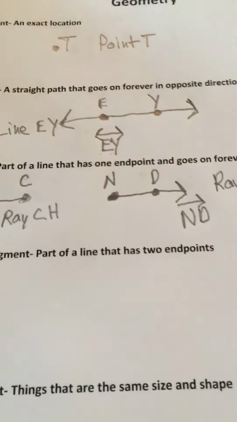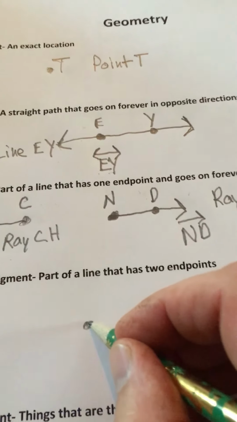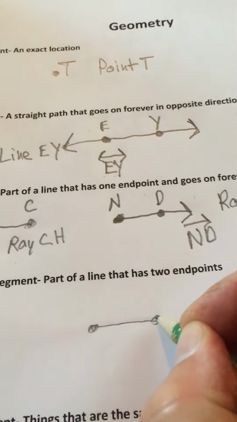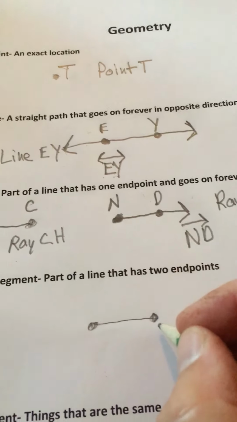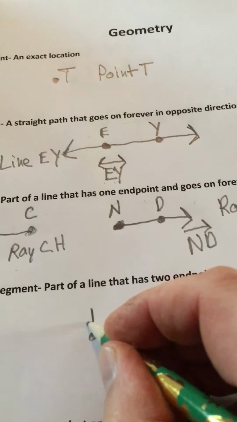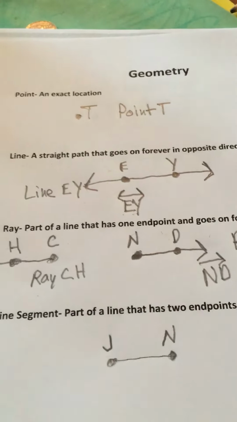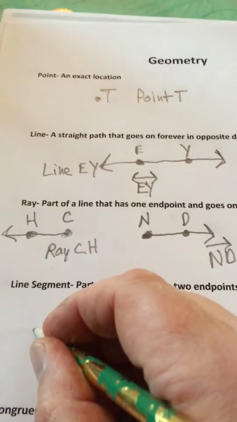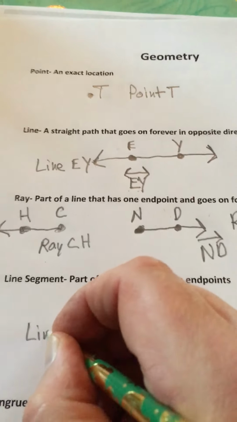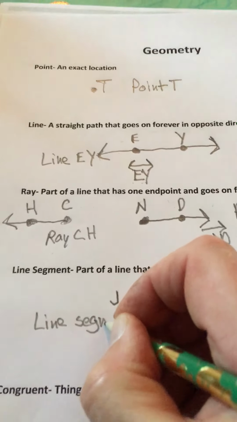Okay? A line segment. That's part of a line that has two endpoints. Looks like a barbell. Okay? Let's see. Oh, J N. Line segment. And that would be line segment JN.